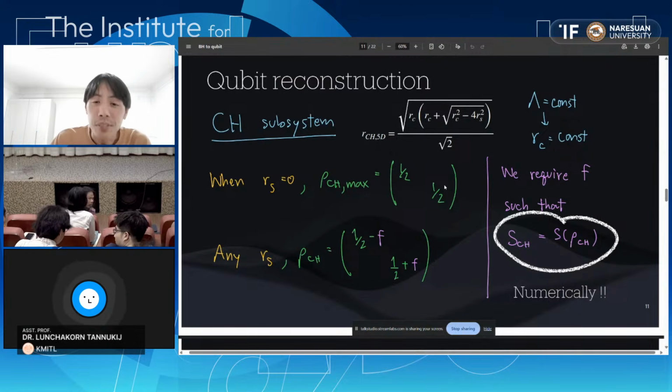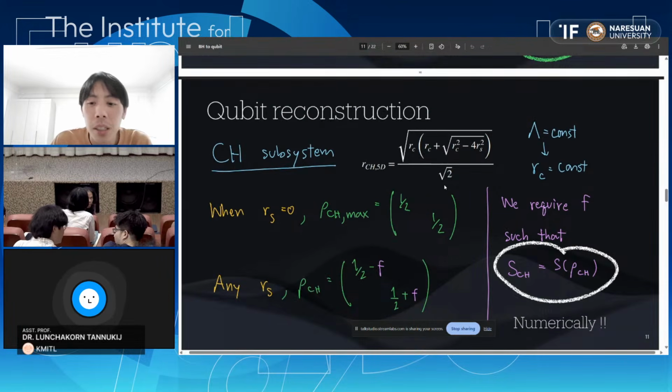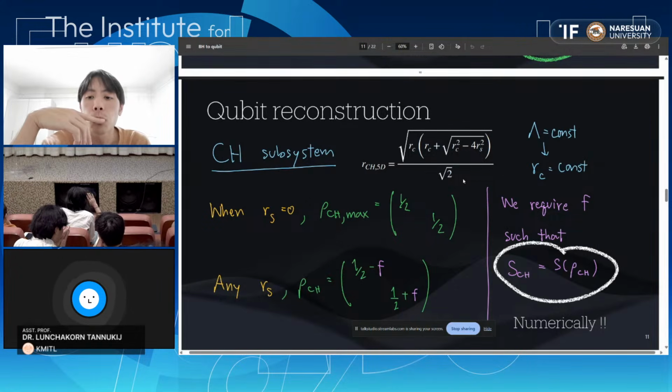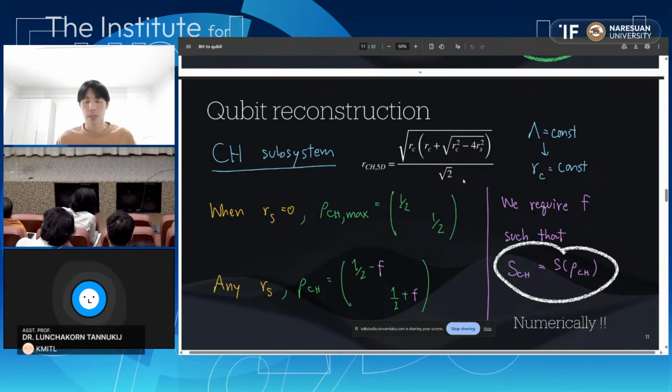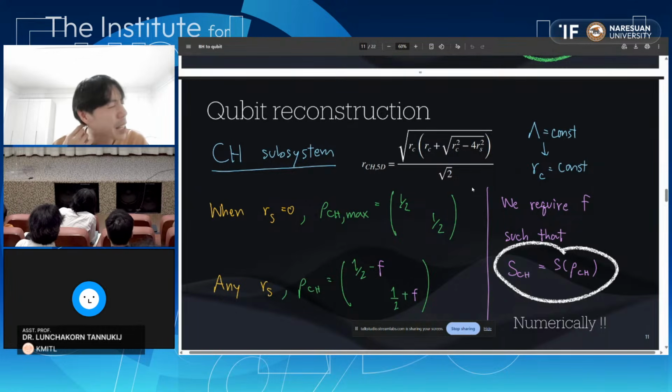Because if you put it in the black hole, it should have the same temperature, right? It's not the entropy, I think it should be temperature if you put it there. But if you put many qubits, maybe the system itself becomes a black hole. Well, as far as I know, finding the temperature corresponding to a qubit system is way more complicated.